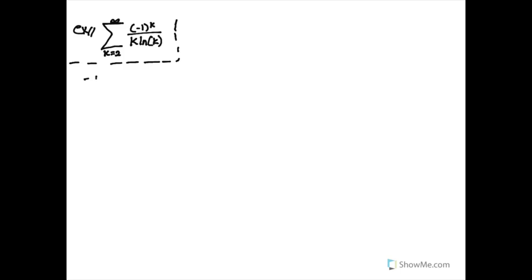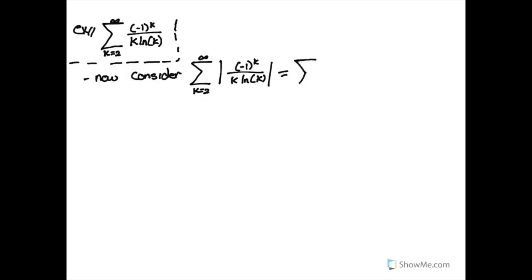So now we consider the absolute value series, which starts at k equals 2 to infinity of the absolute value of minus 1 to the k over ln k. And what the absolute value series does here is it gets rid of the minus 1 to the k. So you're just left with 1 over k ln k from k equals 2 to infinity.